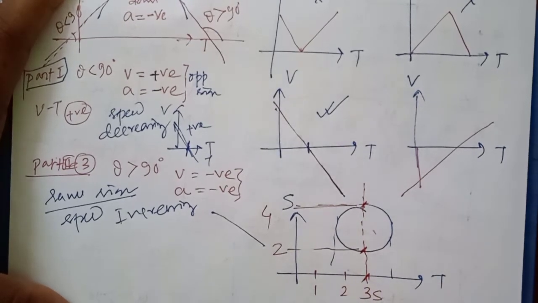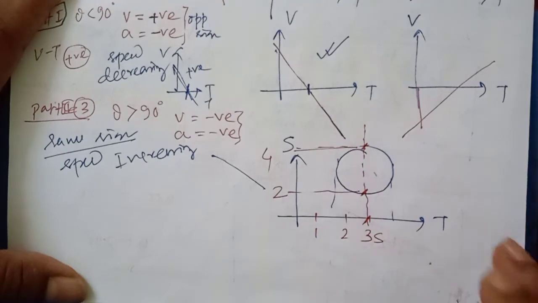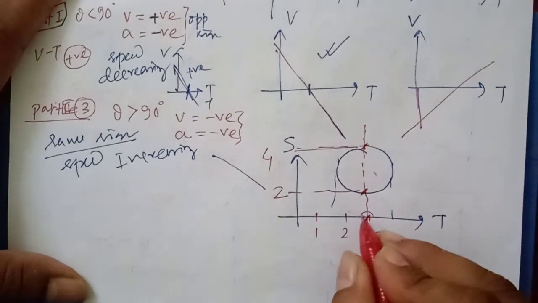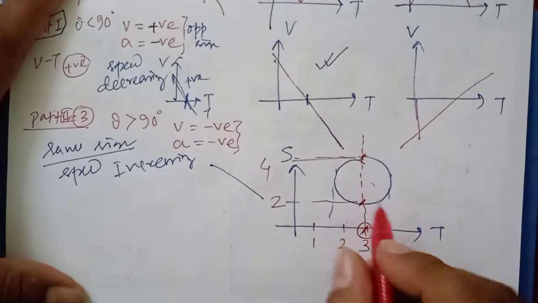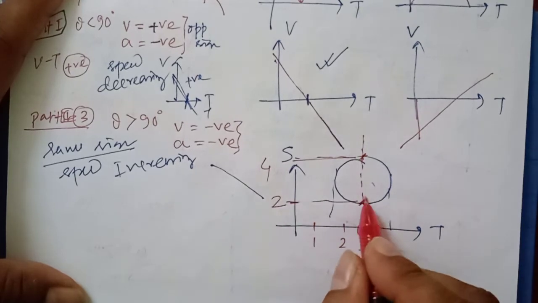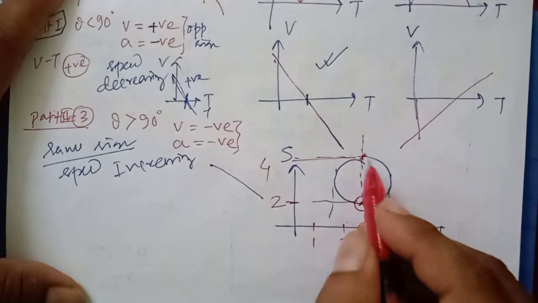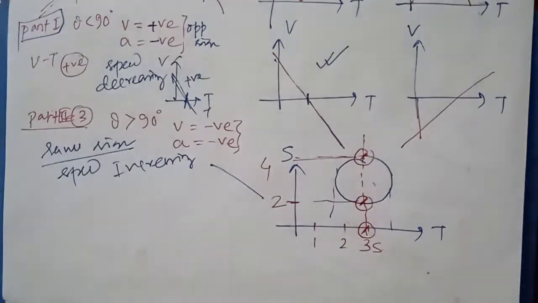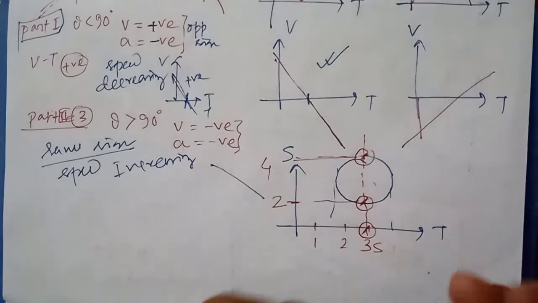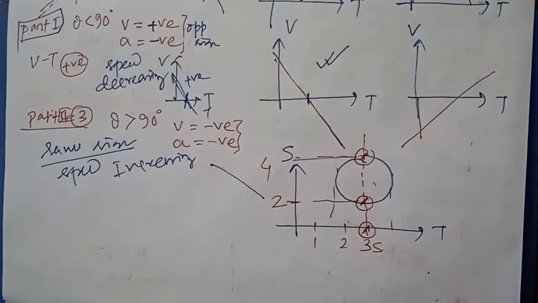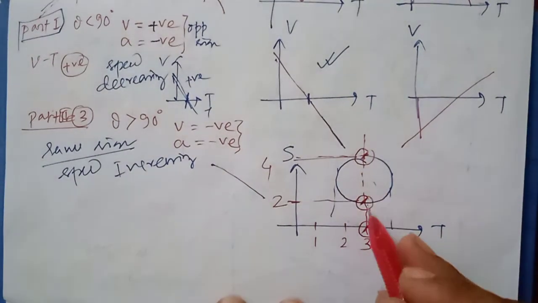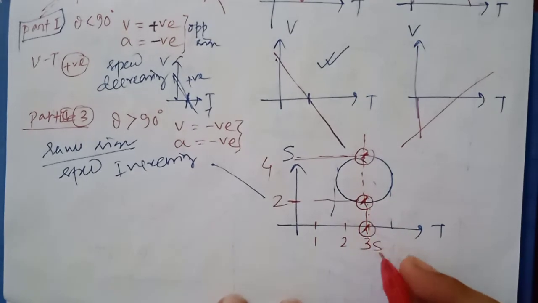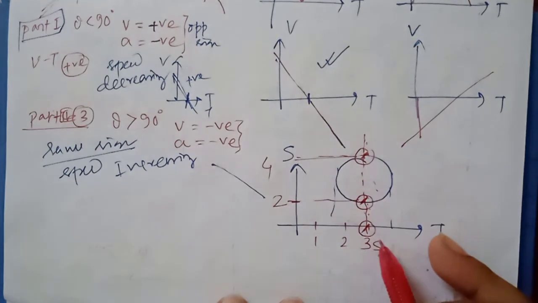It means, students, this object can exist at the third second in both places, 2 kilometer as well as 4 kilometer. Now, students, think: is it possible for a body to stay in two different positions at the same time?